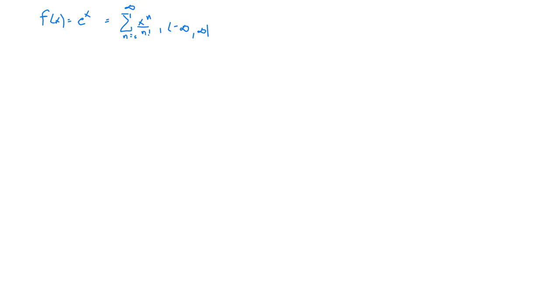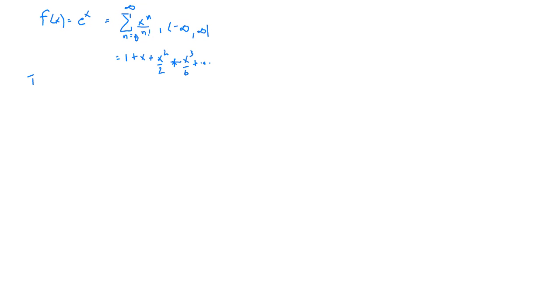So then n starts at 0. The terms of this are going to be 1 plus x plus x squared over 2 plus x cubed over 6, and so forth.